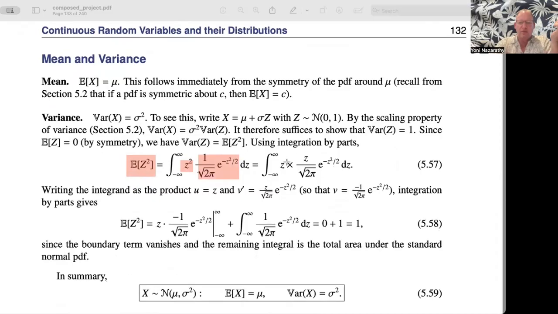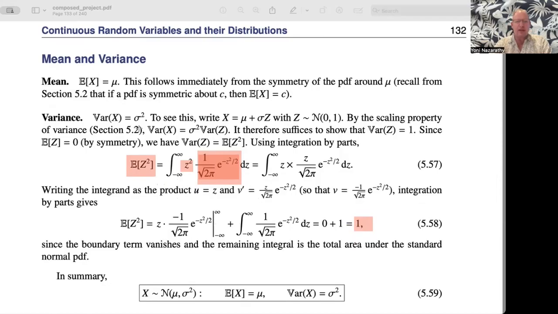Even though this integral on its own you cannot get in explicit form, if you do integration by parts, you will get that this thing equals 1. Now the second moment is 1 and the first moment is 0. 1 minus 0 squared is 1, and hence you see that the variance is 1.